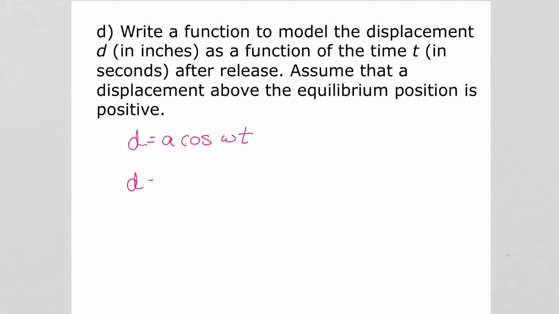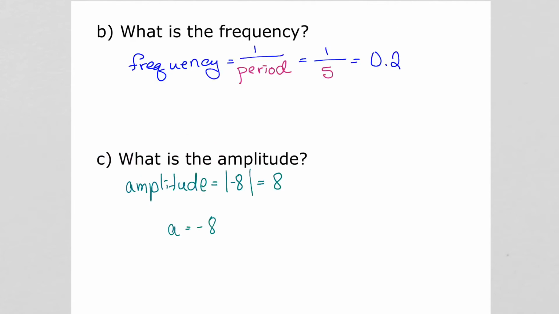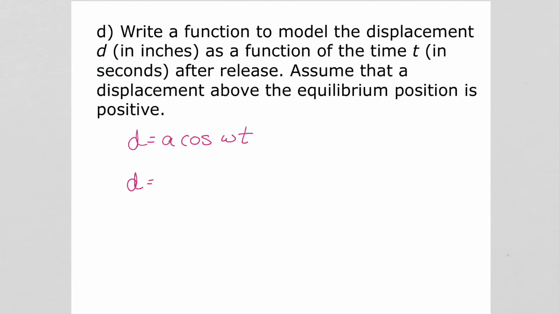And we were given that, or we found that the amplitude was 8, or A is negative 8, since it's being pulled down. And we found that the period was 5. So we need to find omega.